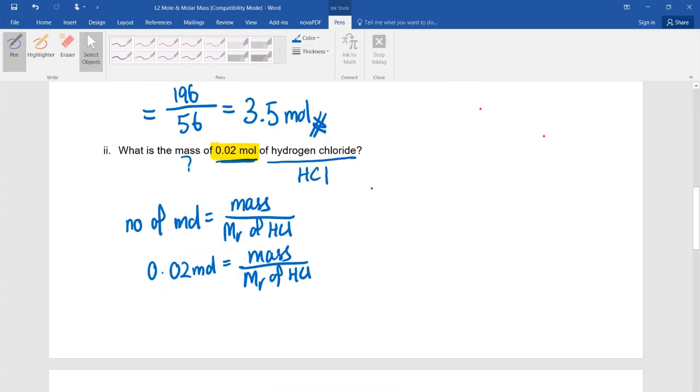Do you know what's the MR of HCl? Some of you will know that you can refer to the periodic table and you'll end up with mass divided by 1 plus 35.5.